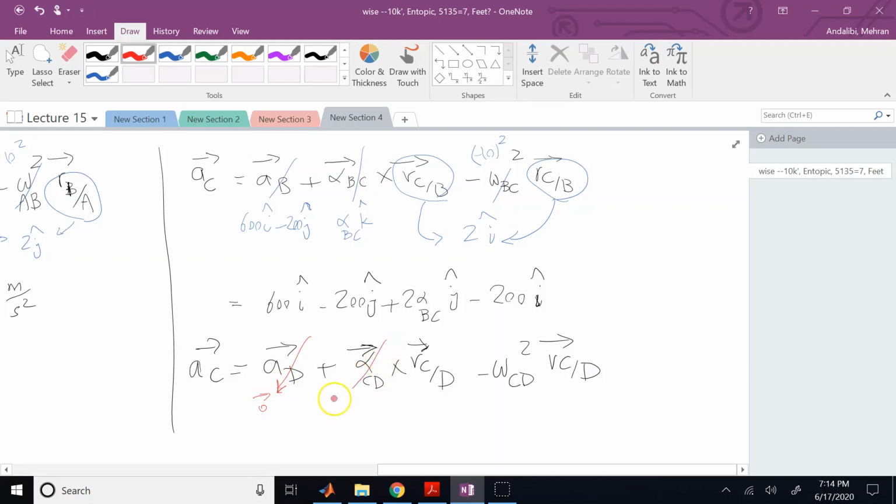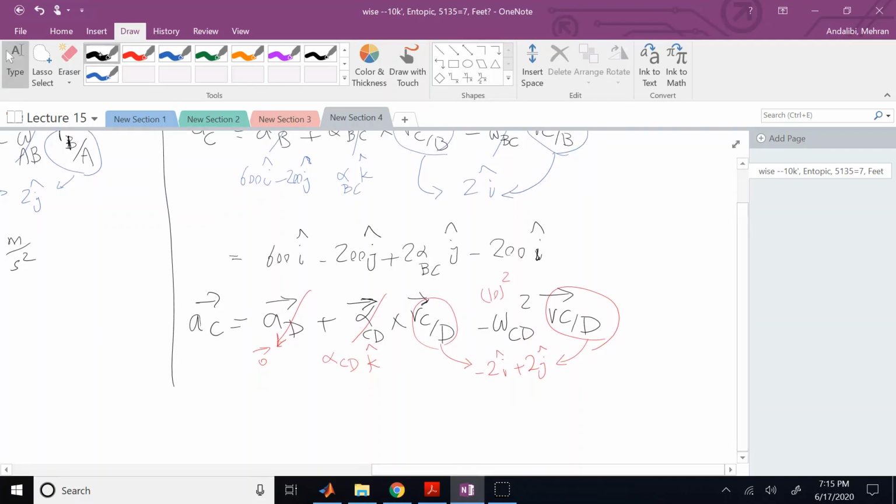Alpha CD is, I don't know, I just consider it to be positive K. It could be negative K, but it's either positive or negative K. Omega CD was positive 10 squared, and then R of C with respect to D was, if you remember, negative 2I plus 2J.